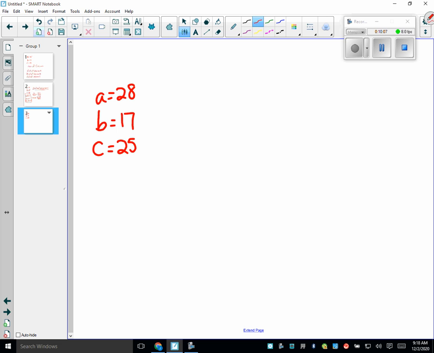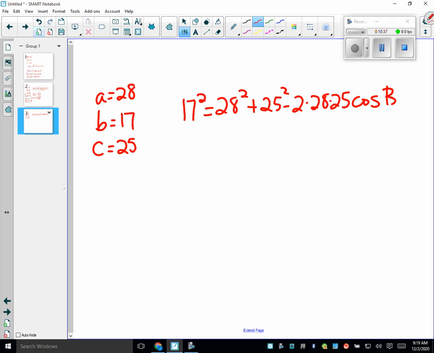I have to find angle B first. You can just plug it into the formula and solve for cosine of B. So is 17 squared equal to 28 squared plus 25 squared minus 2 times 28 times 25 cosine of B? Is that right?